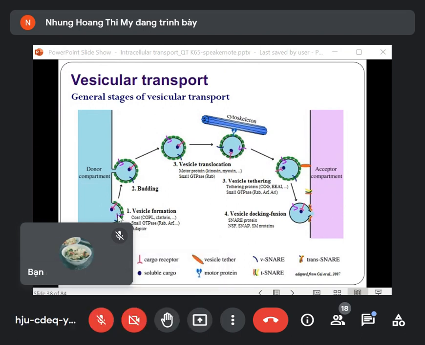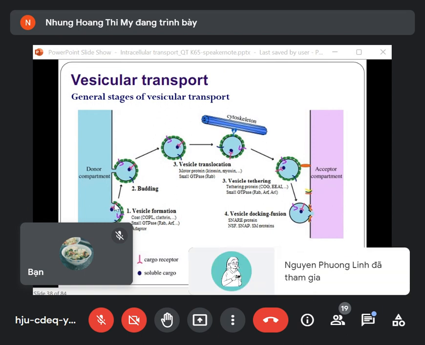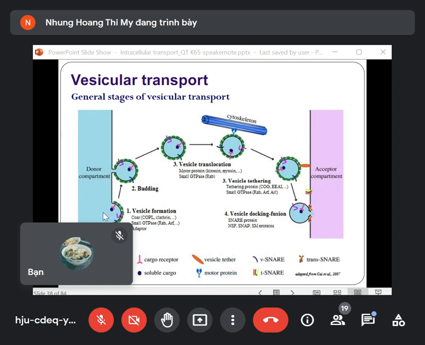So the cargo will be collected or focused on this site, and after the protein is collected, the membrane at this site will bend, or make the budding in this area.